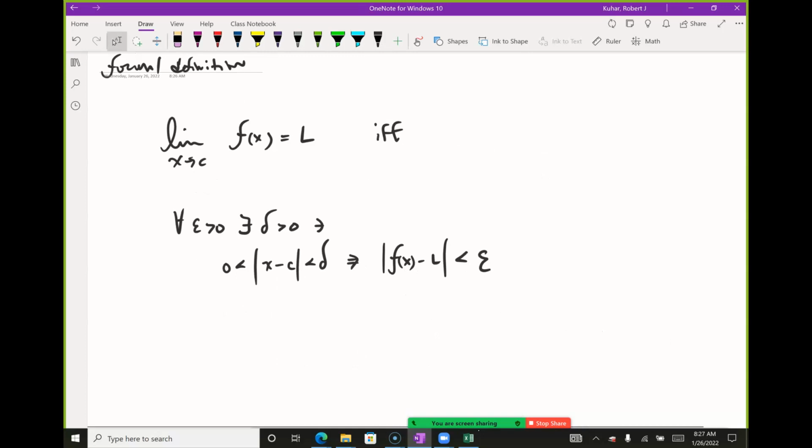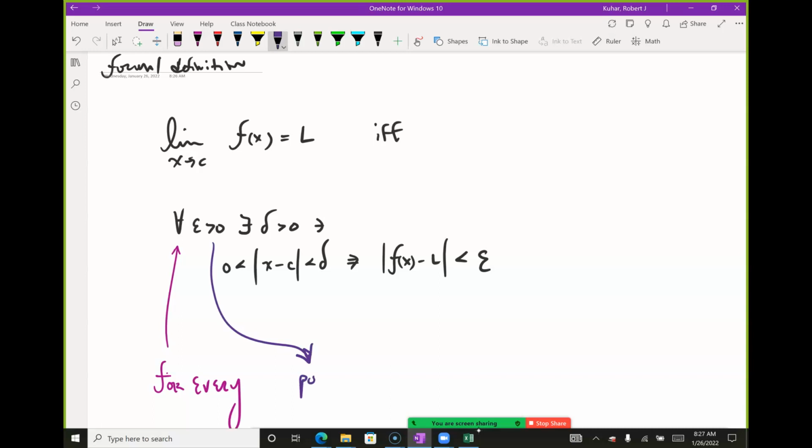So this is my formal definition. There's a lot of Greek letters in there. Let me do some translations for us. This is for every positive number epsilon, just a Greek letter, like me saying pi.